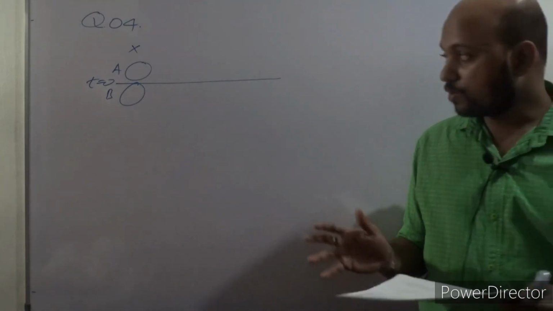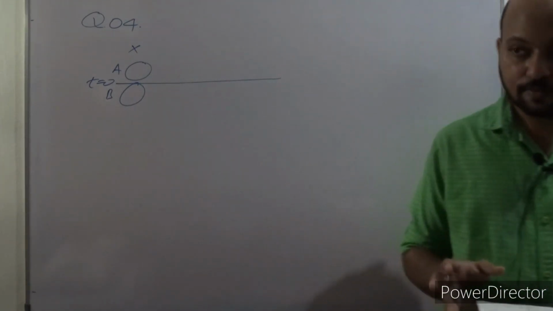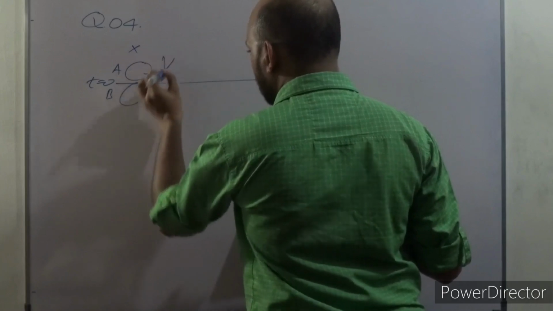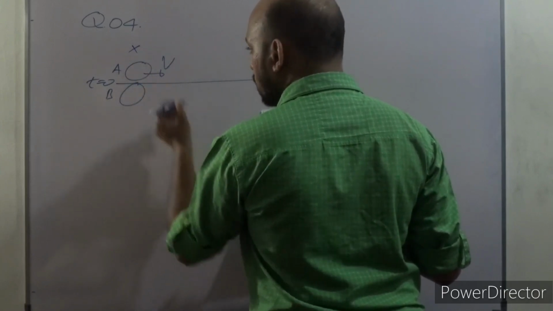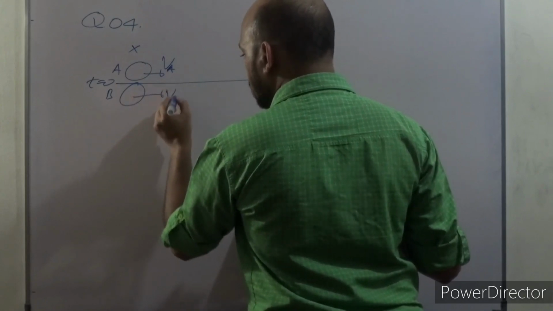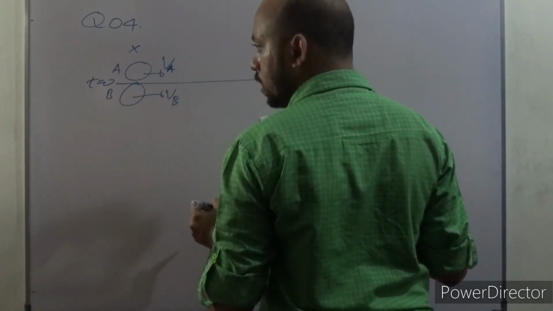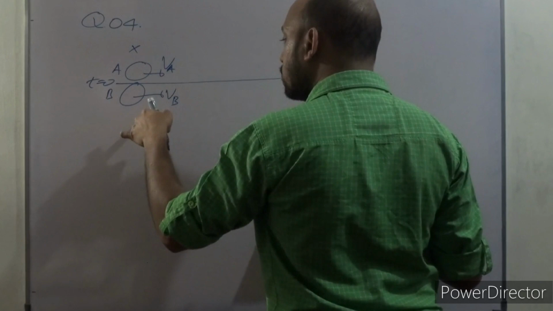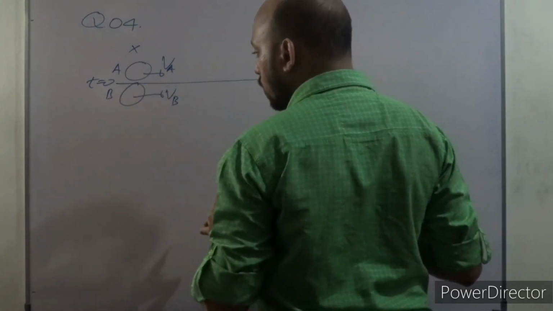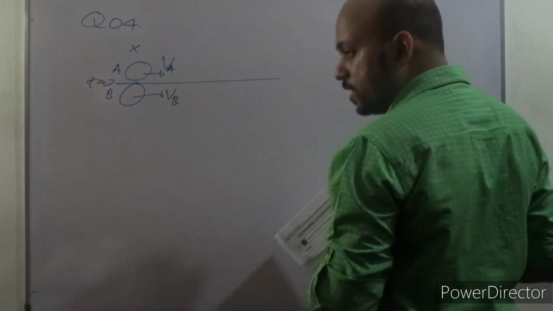First of all, you have to understand the question. Suppose the initial velocity of A is VA and of B is VB. After some time t0, B starts its motion.